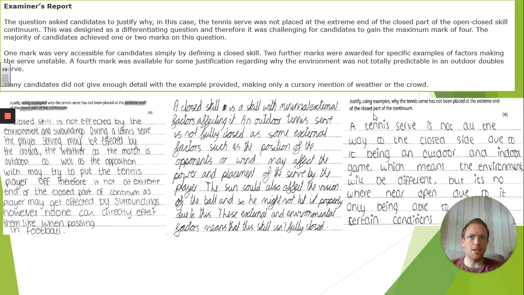Those of you that struggle to get an answer started, I usually say write that statement first, define whatever the topic is. In this case, it's a closed skill. Okay. So to make that a bit easier for you, to help you break it down a bit, because that is still a bit of a mind boggle, really. You've got 3 answers there, and you're going to try and mark them out of 4 each.